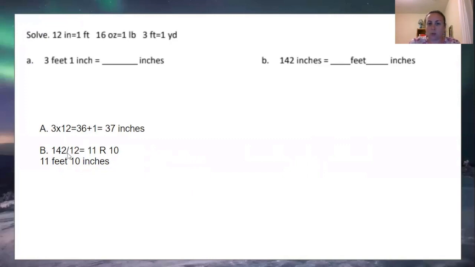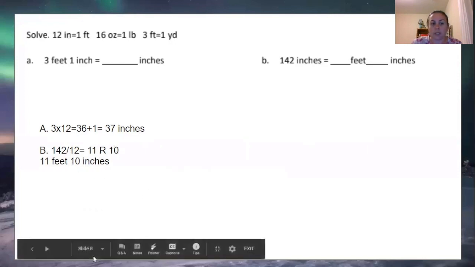So we're going to take 142 divided by 12, because there's 12 inches in a foot, and we have 11 with a remainder of 10. Well, that means that 11 feet, 10 inches is equal to 142 inches. So this one was a division problem, which makes it a little bit easier with a calculator. With a calculator, you'll probably get a decimal. So that makes it a little bit tricky to figure out that remainder then.